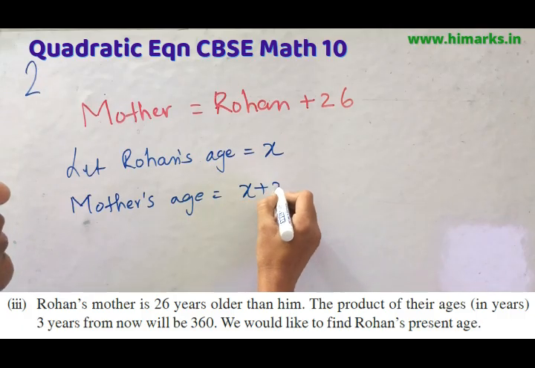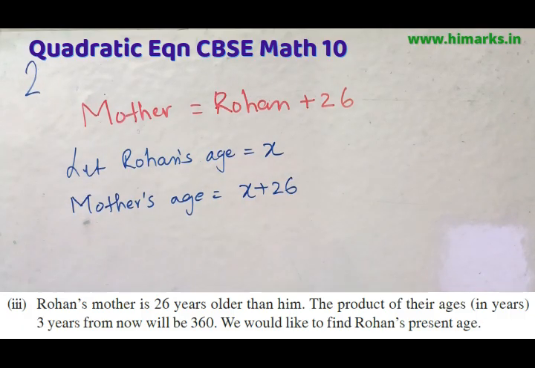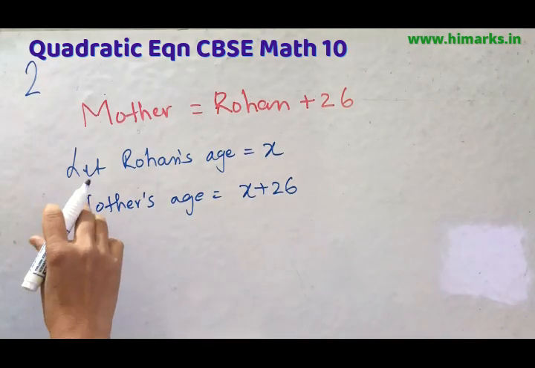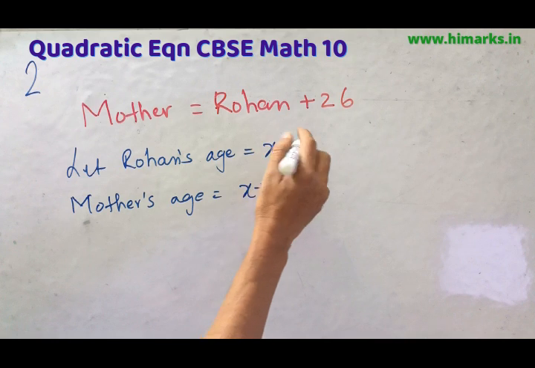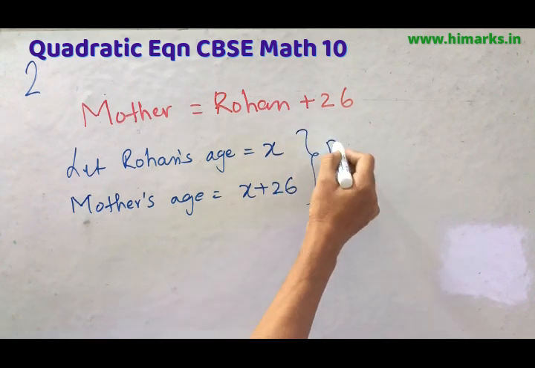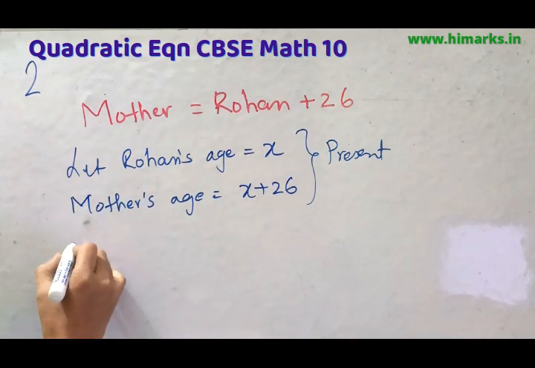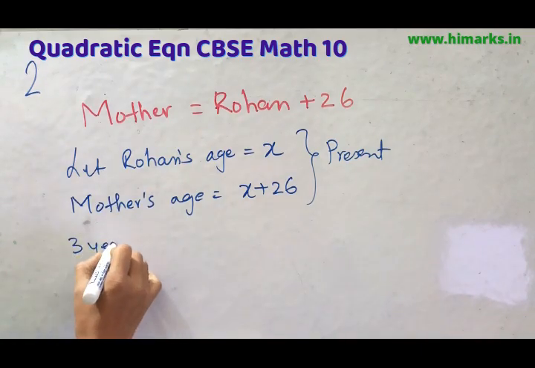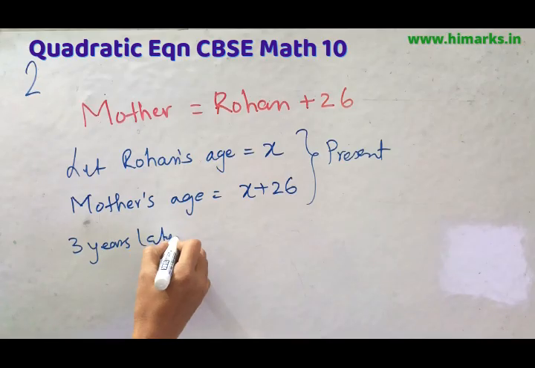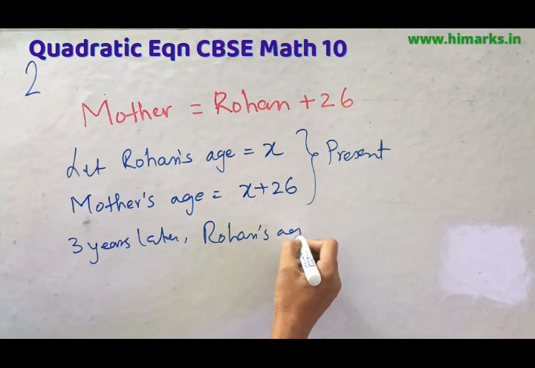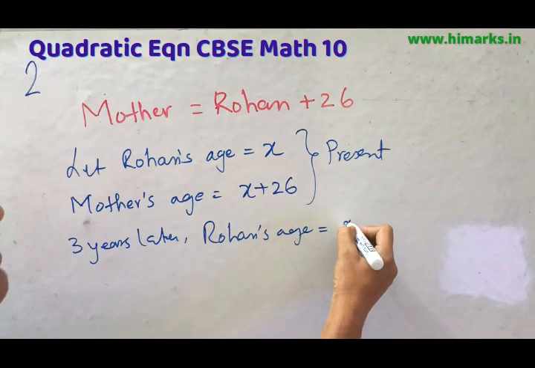Now the product of their ages in years, 3 years from now. So we have to think about 3 years from now. This is the present age, but they are talking about 3 years from now. So 3 years later, Rohan's age will be x plus 3.